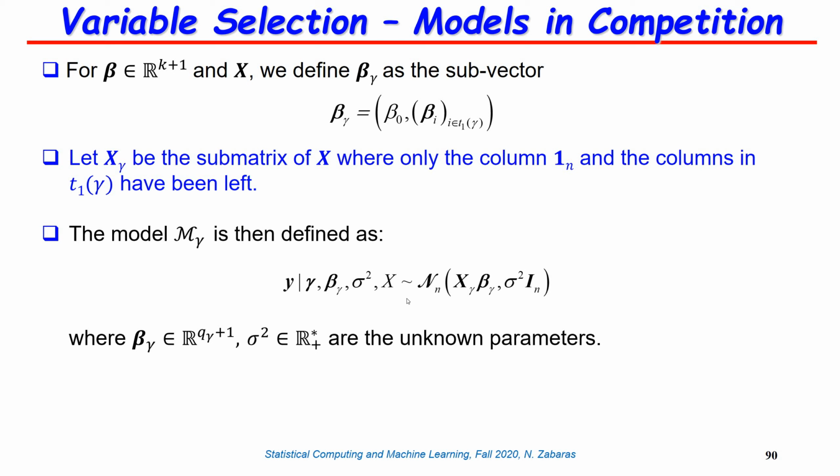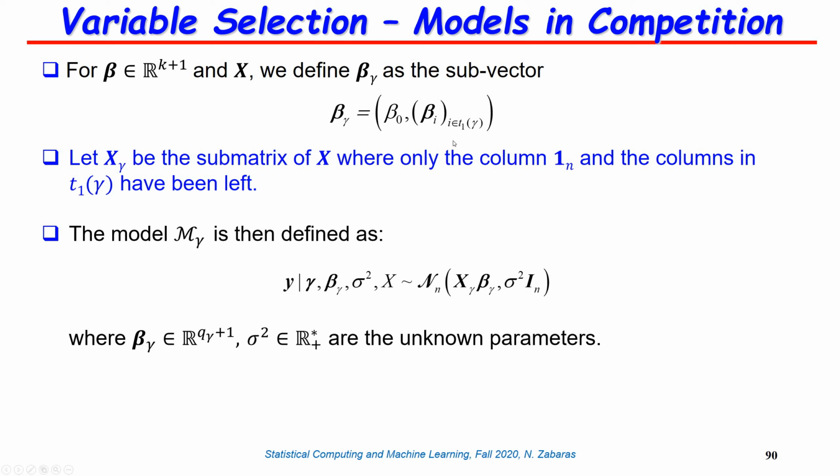So for the model M gamma, given that I know which variables are in the model and which variables are out of the model, my likelihood is a Gaussian with mean x gamma times beta gamma and a noise sigma square.